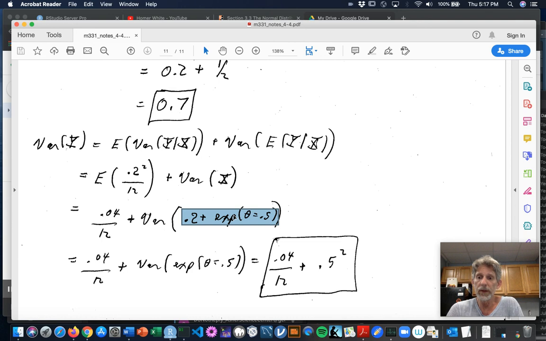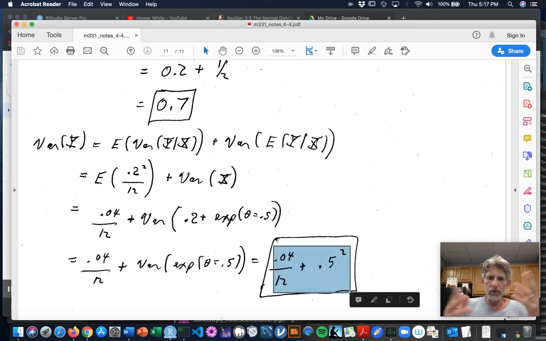But we'll be able to prove that. So really, we just need to find the variance of that exponential. But the variance of an exponential is theta squared. So 0.5 squared. So 0.04 over 12 plus 0.5 squared. 0.25 plus not much, about 0.28 roughly.